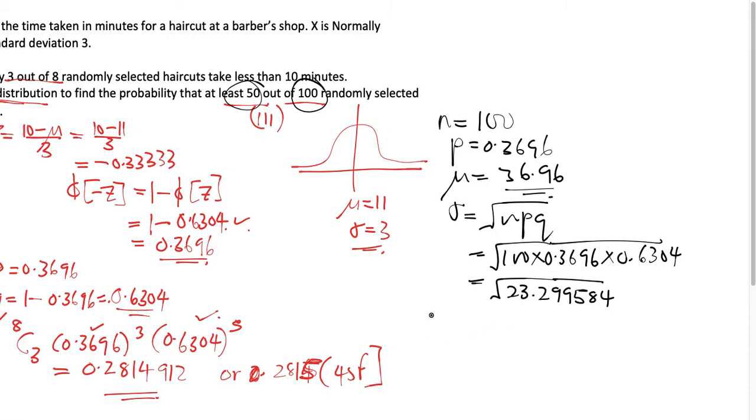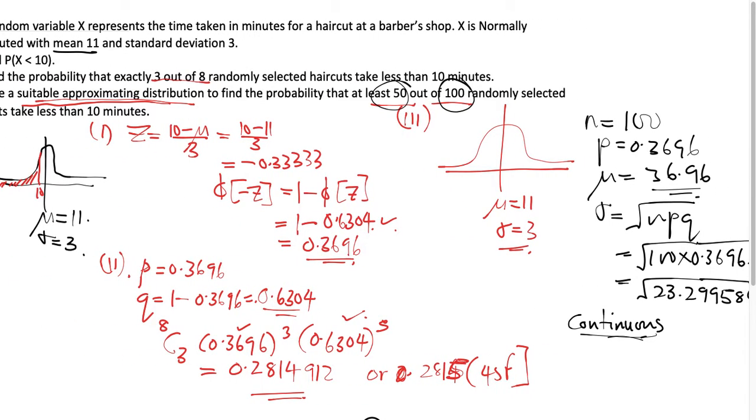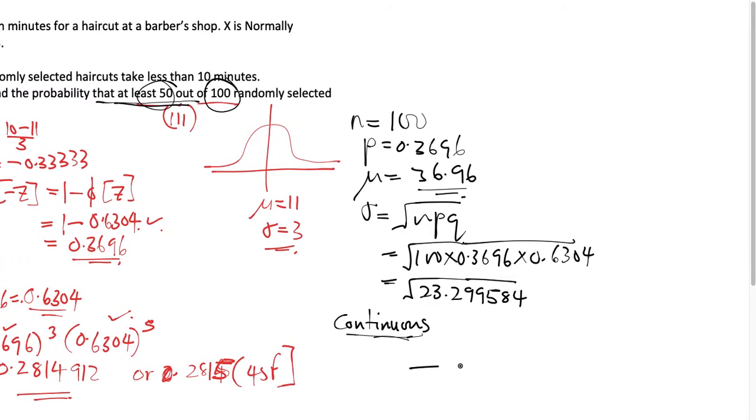Since this is continuous, and the question requires us to find at least 50, we can have 50 or more. Remember, it says at least 50, so it should be 50 or more.